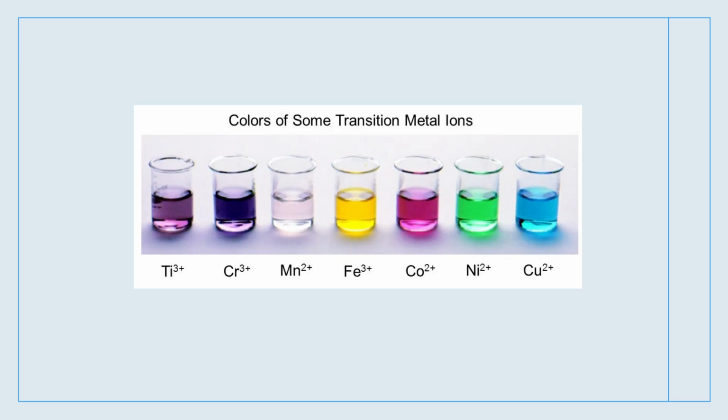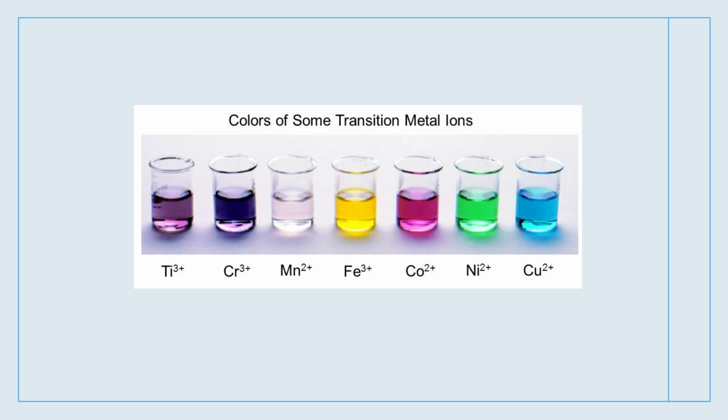Here you can see an image that shows the color of some transition metal ions: titanium, chromium, manganese, iron, cobalt, nickel and copper. These are transition metals. It means the basic reason for them to form colored complexes is the same, which is the d to d electronic transition when it is interacted with the ligand. But here you can see that different transition elements show specific colors of the solution. What is the reason behind it?